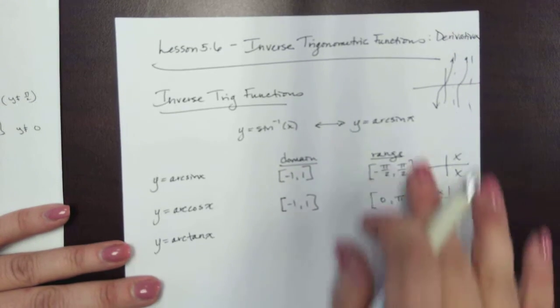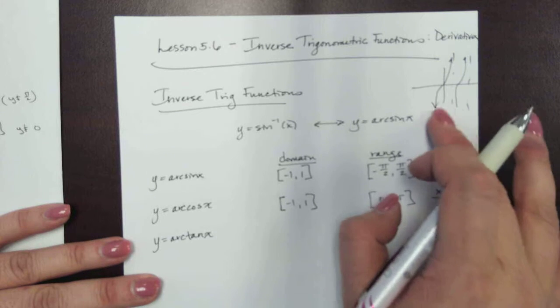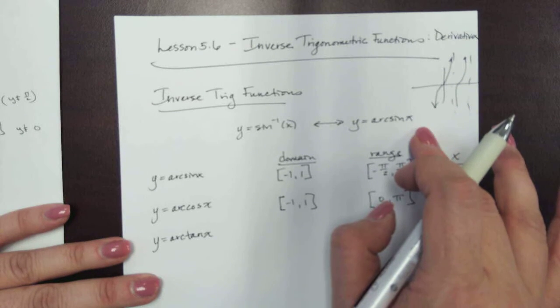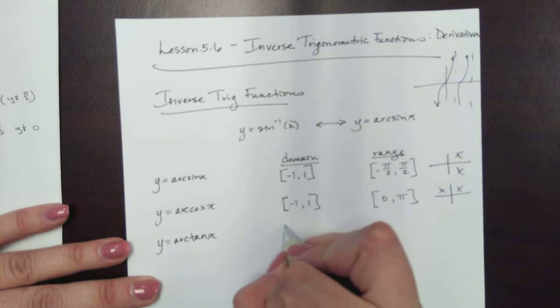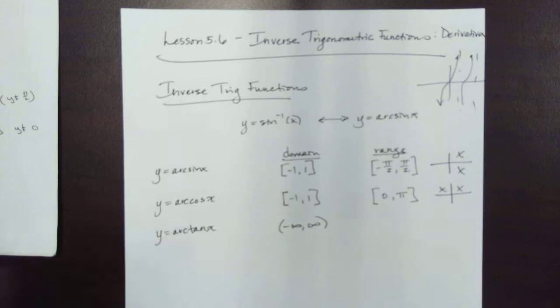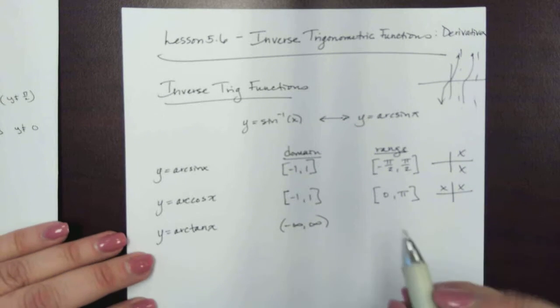Right? So if this is tangent x, the range is all real numbers, negative infinity to positive infinity. That is the domain of inverse, because domain and range switch. The domain of the function is the range of the inverse. The range of the function is the domain of the inverse. That makes sense. Okay?